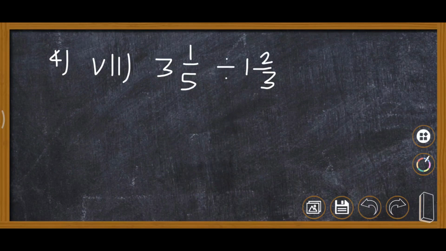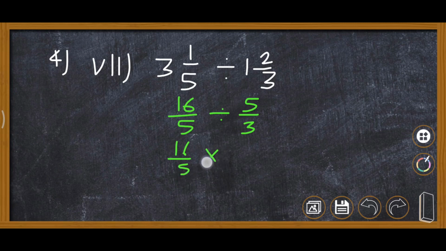Now this is seventh part. 5 3s are 15 plus 1, 16 upon 5, and divide sign, then 3 ones are 3 and 2, 5 upon 3. Now divide changes to multiply, and 5 upon 3 becomes 3 upon 5.